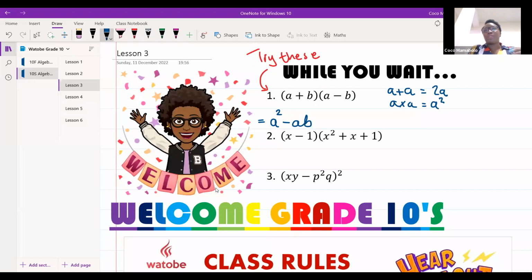Now, let's have a look at this one. I've done the top and the top. I'm going to do the bottom now. If I have B times A, what's that going to give me? Do they look the same? No. So it's BA, positive BA, because I'm multiplying a positive and a positive.